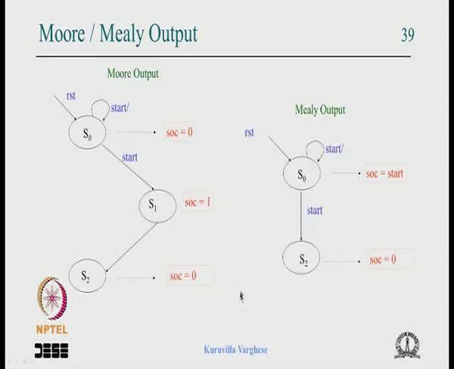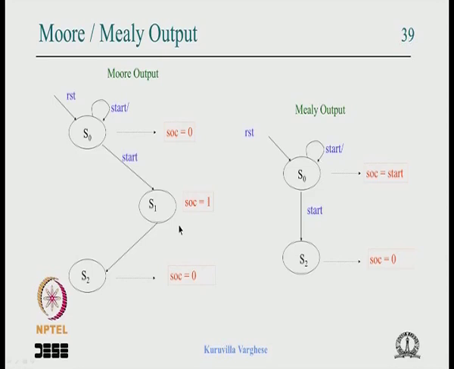If there are 10 outputs which were all Moore outputs, and suppose we are able to convert all of them into Mealy outputs, maybe 10 states are less, and that is a great saving. If it is a binary encoding, log 10 to the base 2, about 3 flip flops could be saved, depending on the total states. So there is an advantage.